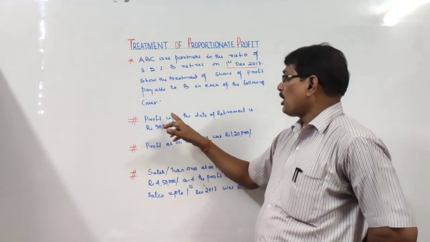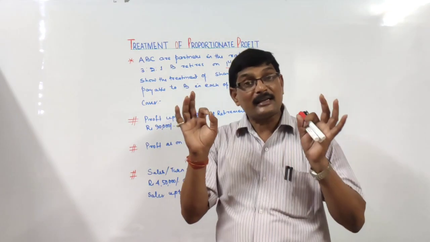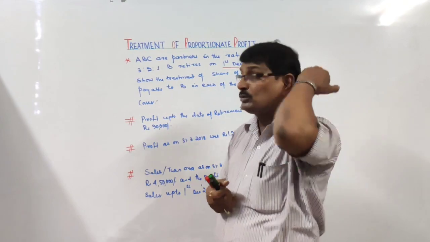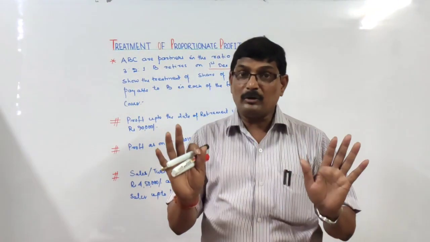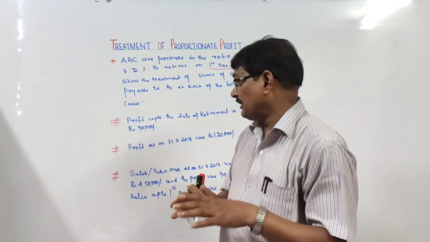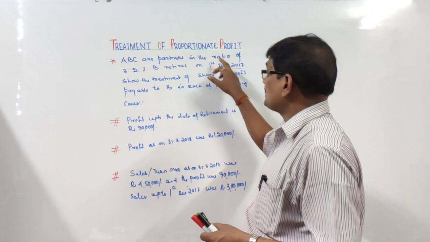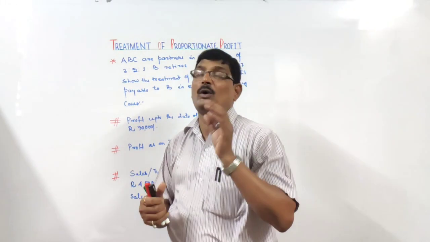In the first case, profit up to the date of retirement is 90,000. Here it is exactly given that up to the date of retirement, that is up to 1st December 2017, the total profit is 90,000. So here we need not calculate, it is already given. Number two, profit as on 31st March 2018, that is after 4 months, is given as 1,20,000. In this case, what will happen?